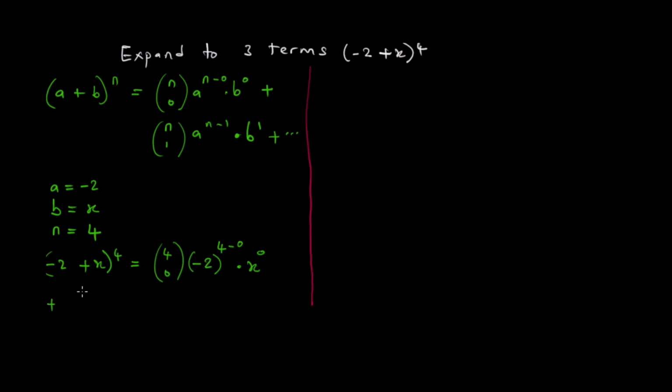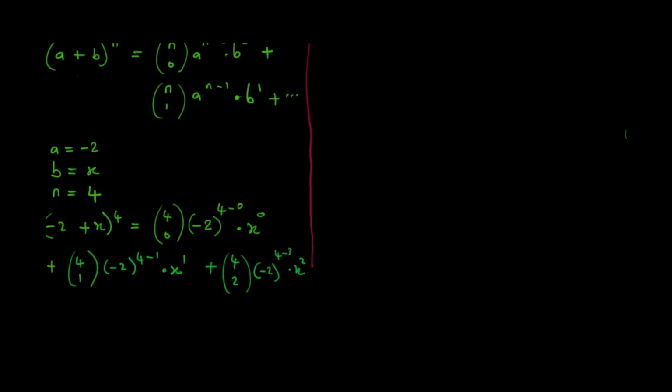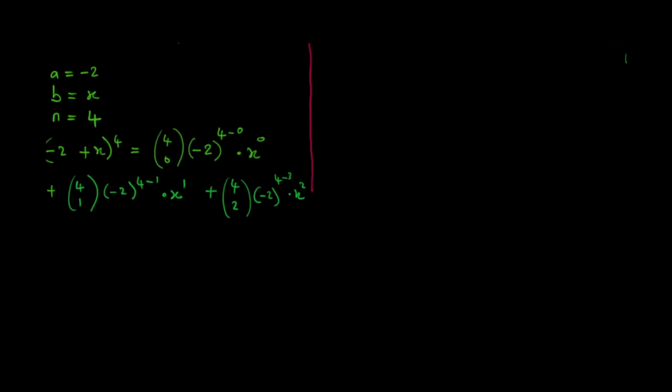Then plus our second term, which will be 4 choose 1 times (-2) to the power 4 minus 1 multiplying x to the power 1. Then our third term, plus 4 choose 2 times (-2) to the power 4 minus 2 multiplying x squared. It will look like this. Let's not go too deep into it, okay?